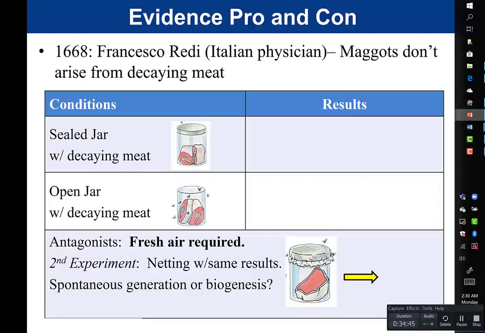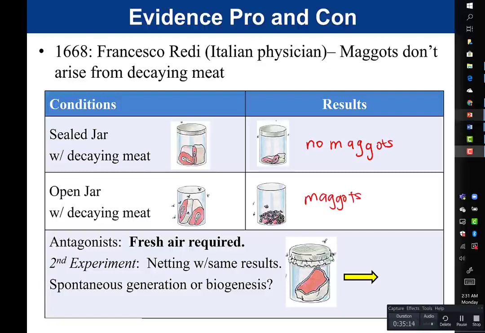The answer was, when the jar was sealed, the meat was starting to break down, but there were no maggots. He repeated the experiment with an open jar, so the lid is off with the decaying meat. And what he saw was that there ended up being maggots on the meat. So they said this was in support of biogenesis.